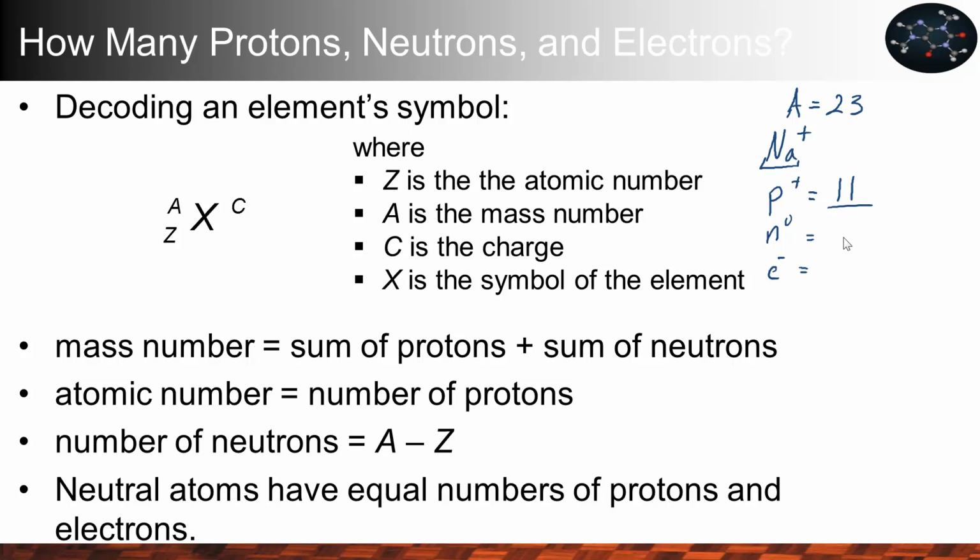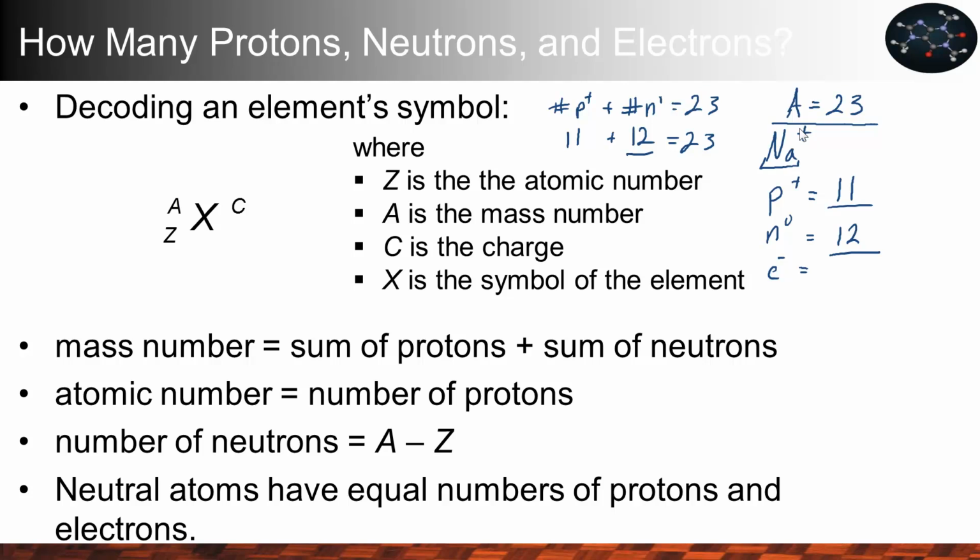Not an issue at all. Neutrons. Well, I told you that the mass number is 23, so that means the number of protons, which is 11, plus the number of neutrons, which we don't know, has to equal 23. So this number has to be 12.